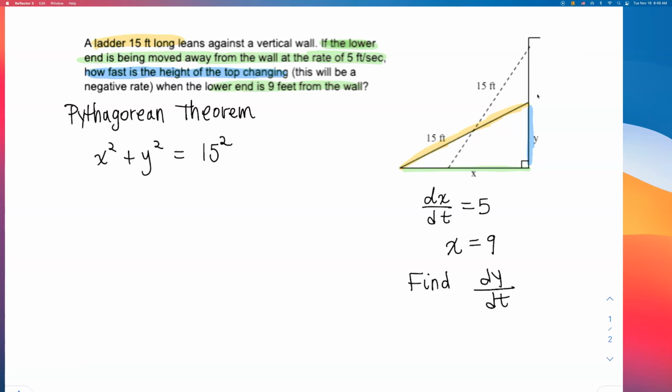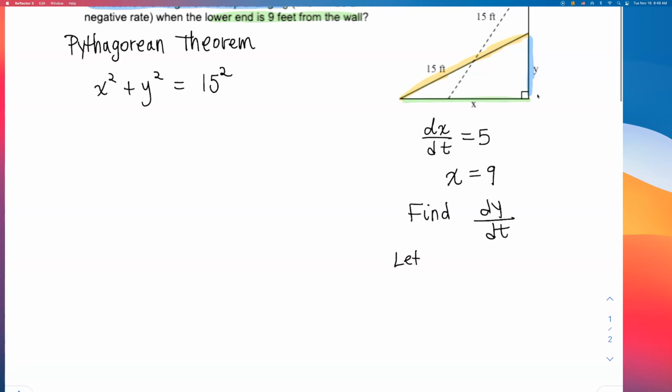Now, I think I can go ahead and use this to find y real quick. Let's find y, because we're going to need to use it later. So using this equation, x squared plus y squared equals 15 squared, which is 225.